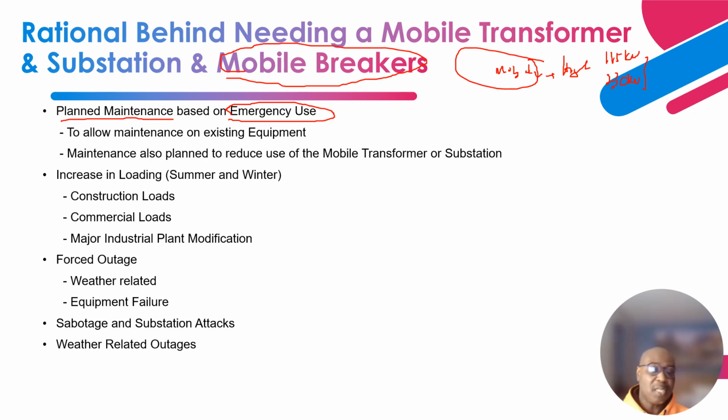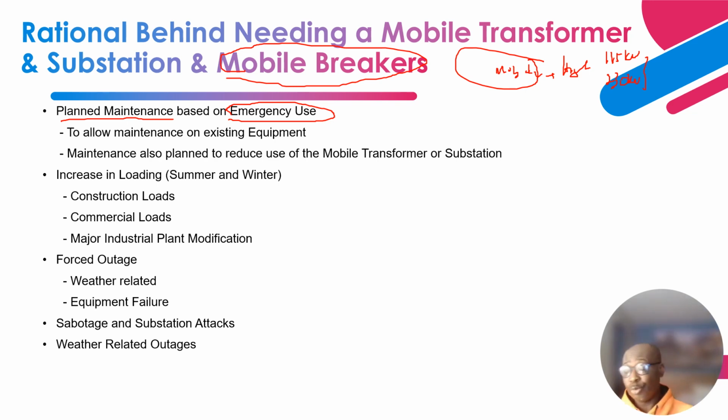As much as it is good to plan the use of a mobile substation or mobile transformer for plant maintenance, usually the maintenance group, the asset management and the reliability group try as much as possible to shy away from that, to limit the use of their mobile transformers or substations for plant maintenance.